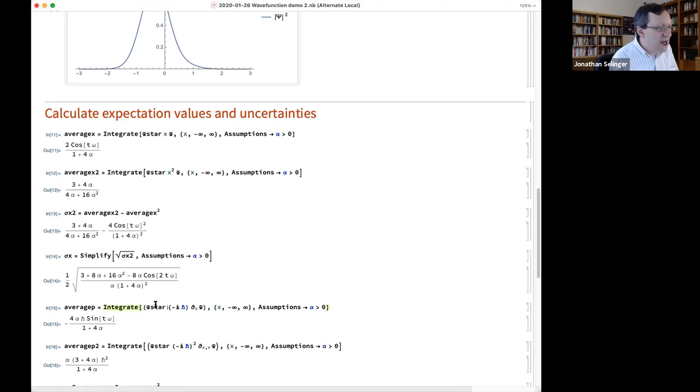So that's psi star times minus i h bar times the derivative with respect to x of psi, integrated for x from minus infinity to infinity. And this comes out to be like negative sine of omega t. So it's like simple harmonic motion, right? If the average position is like the cosine, then the average momentum should be negative the sine. And we can get out the average momentum squared also.